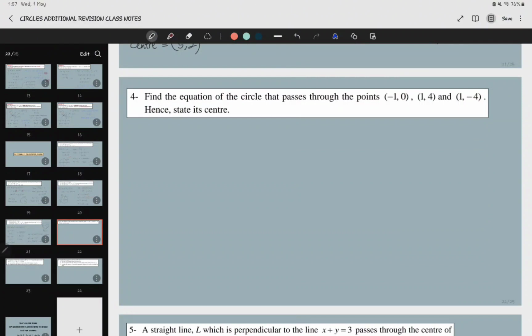And lastly, for question number 4, find the equation of the circle that passes through the points. So there are 3 points. This is quite similar to the example we discussed just now. So you just substitute at each point. I will not show it out, but for point negative 1, 0, you should get negative 2g plus c equal negative 1.